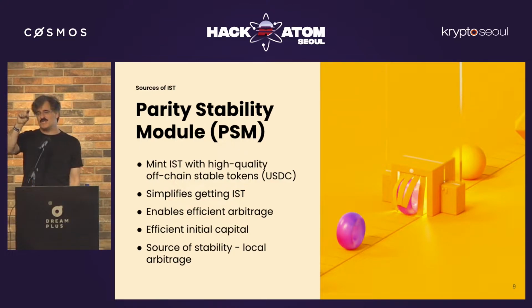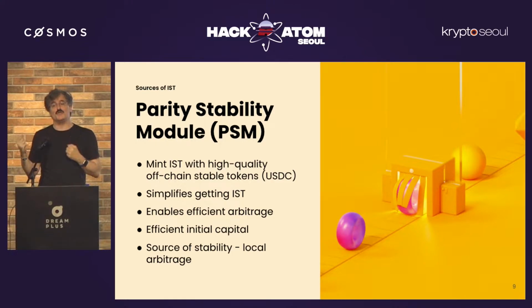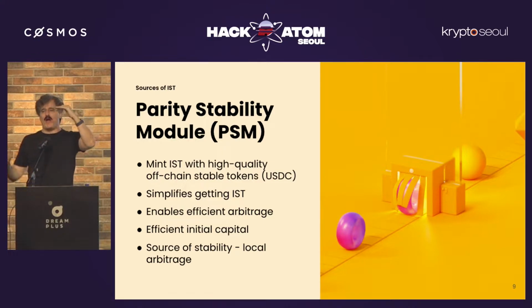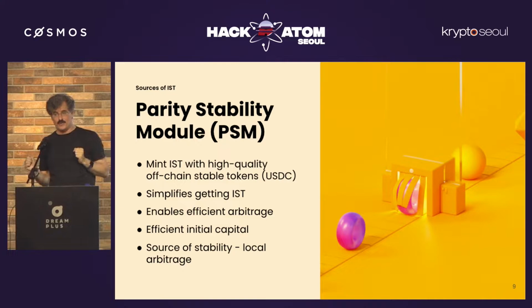There are mechanisms so that if the IST price strays from $1 to $1.01, people want to sell their IST that should be worth $1 to the people that are willing to pay $1.01. And when the price then goes back to $1, they can buy it up and pay off their debt. Right? This is how arbitrageurs help keep the price of IST near $1.